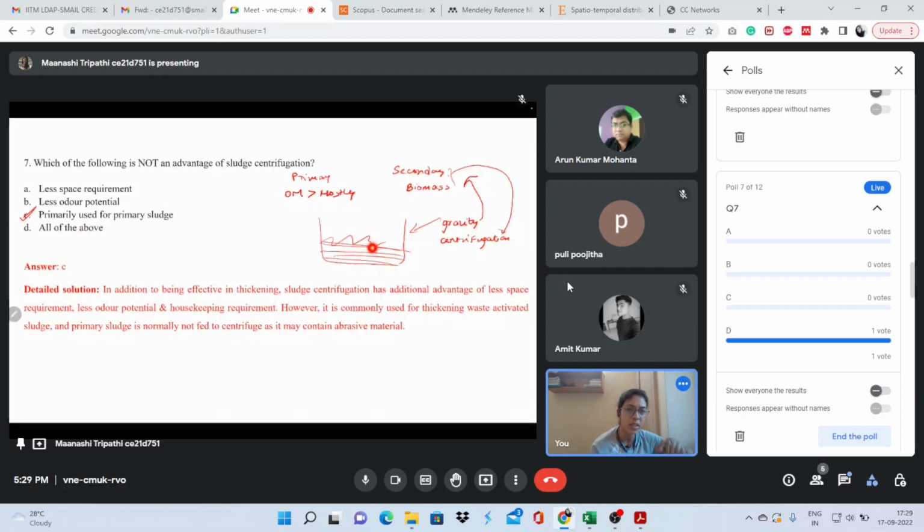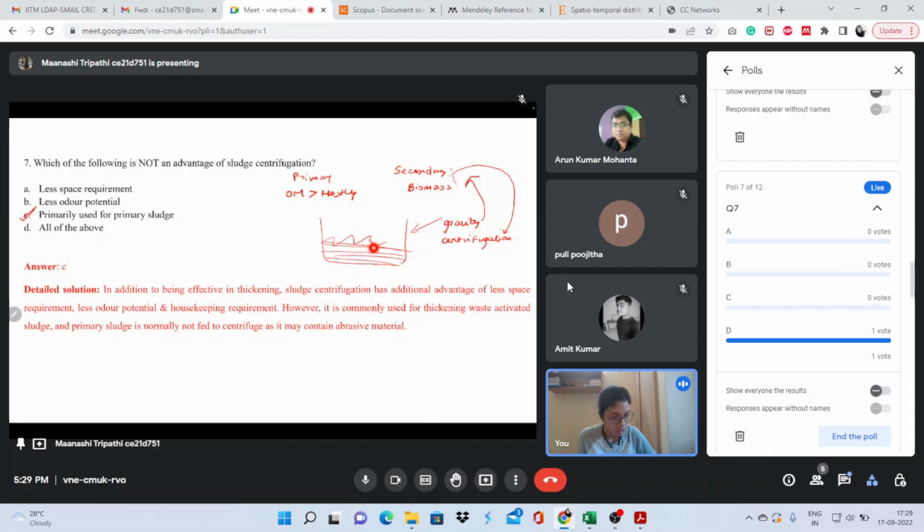Gravity separation is easy and cost effective. But for secondary sludge, just because they have biomass, we have to go for centrifugation. So sludge centrifugation is primarily used for secondary sludge, not for primary sludge. Okay?